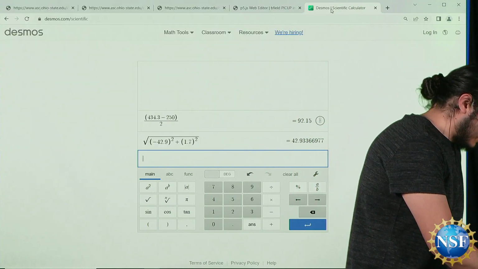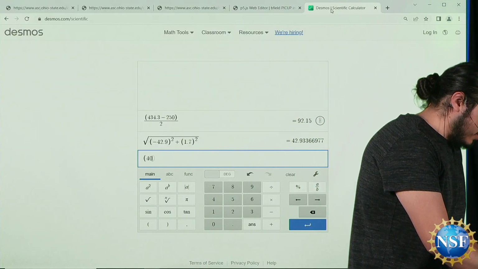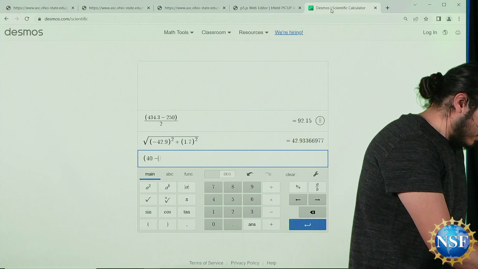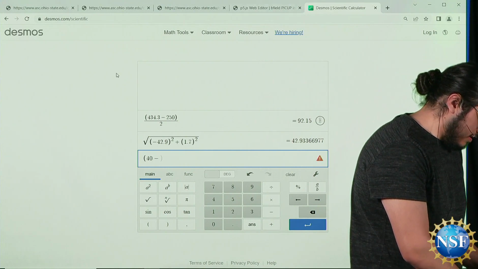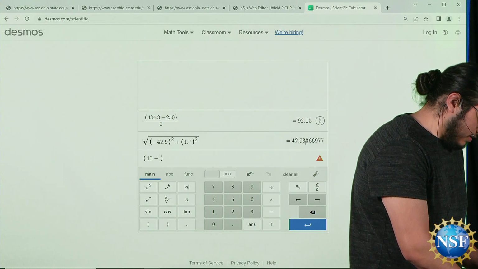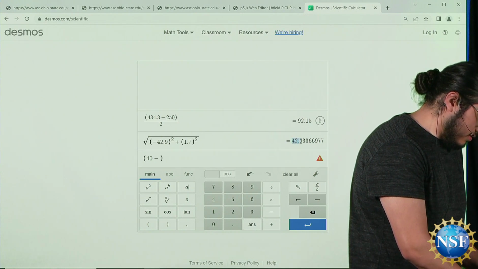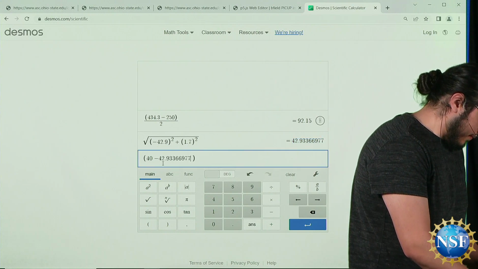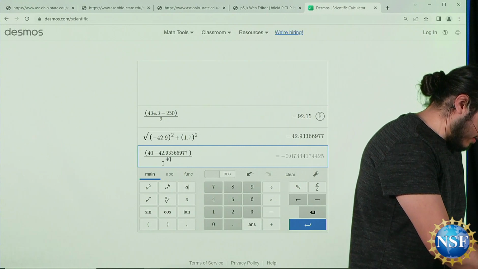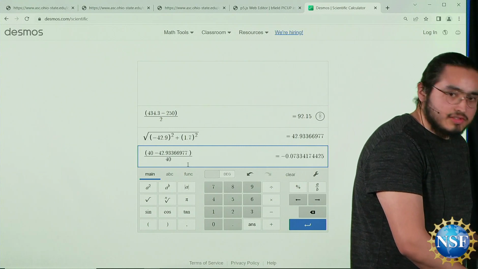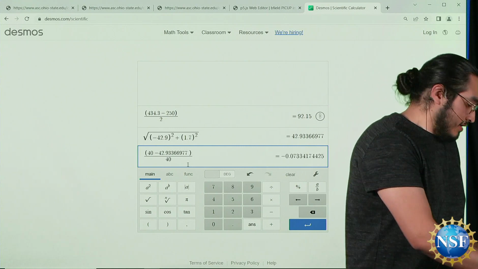And so to get what the error is, you do 40, which is the true value, minus that, let's just copy paste, and then divide that over 40, and then this is just the amount of error.